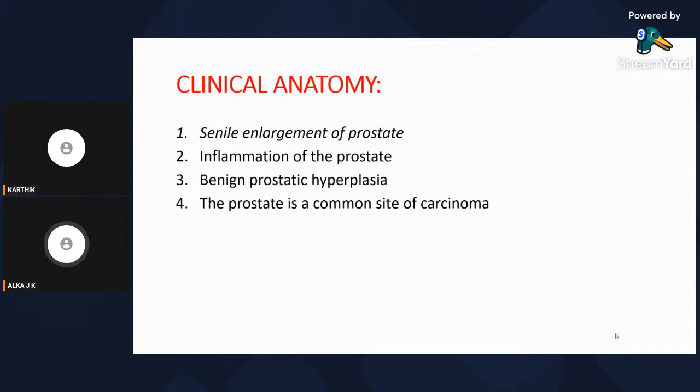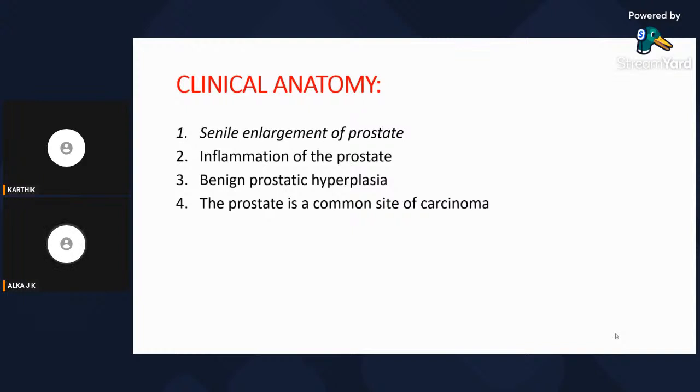During removal, the enlarged gland is enucleated, leaving behind both the capsules and the venous plexus between them. It is very difficult to remove. Next is inflammation of the prostate, known as prostatitis.